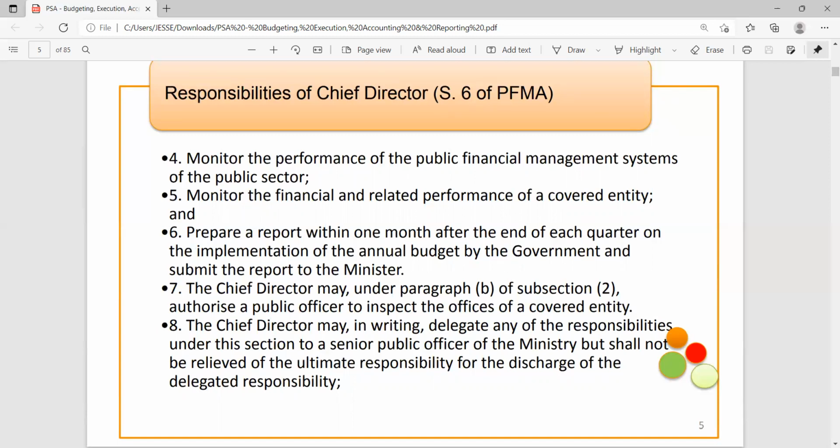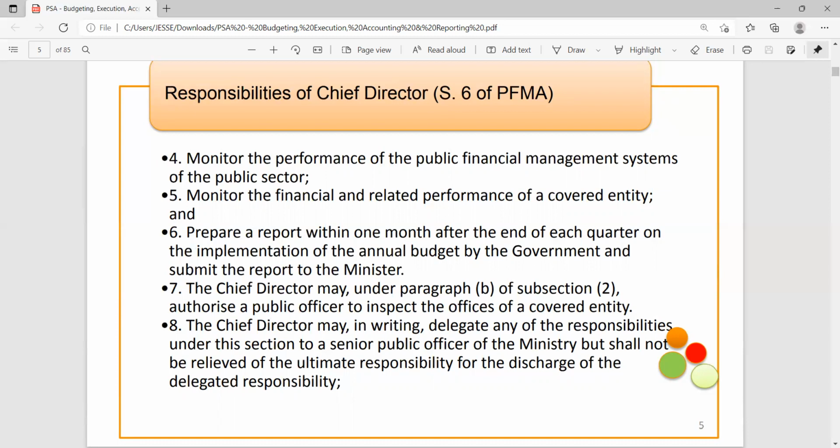So they have a monitoring role here. They need to monitor the financial management systems and basically see whether it's working on track. They also monitor the financial and related performance of a covered entity.